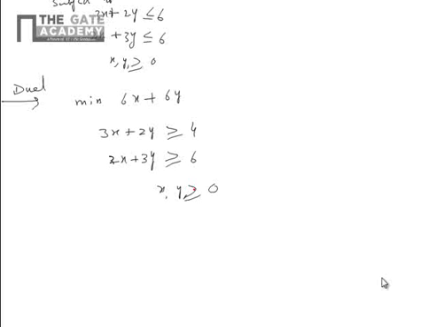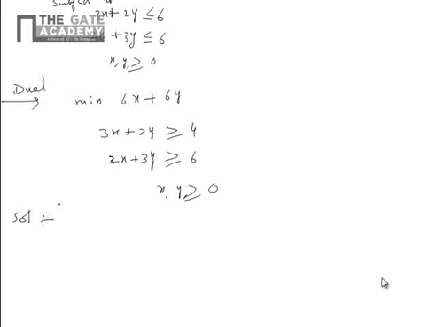So if you look at the solution, minimize 6x plus 6y. Here he has taken u and v; you can take u and v also, I have taken x and y only. Both options are only A and B, so out of A and B, which one is the answer?